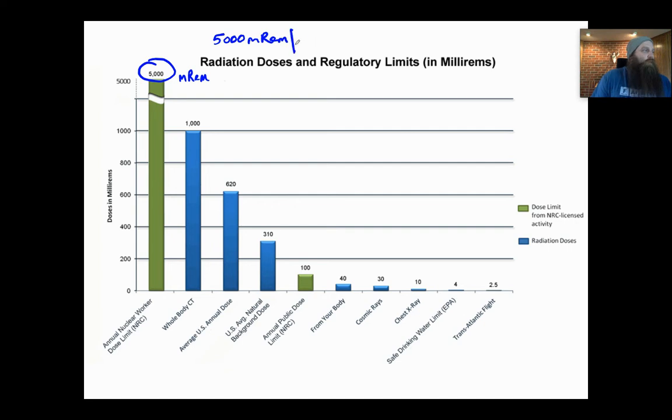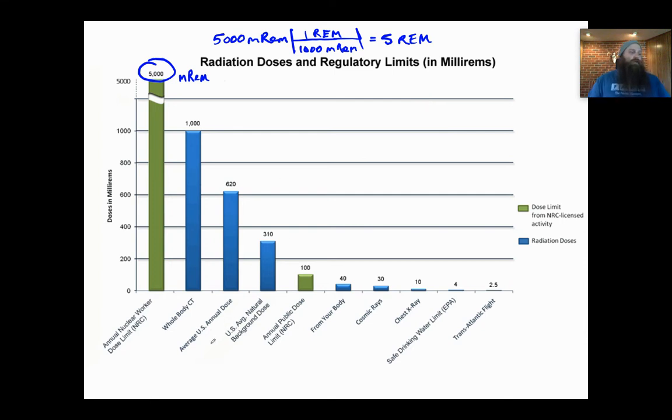You know that there's 1,000 millirems in 1 Roentgen equivalent man, so 5,000 millirems is 5 rem. And we know that you have to get over 100 in order to be at risk for acute radiation sickness. If you only got the max, it would take you 20 years to get to 100 rem. And so the NRC has a pretty low threshold for the radiation dose.